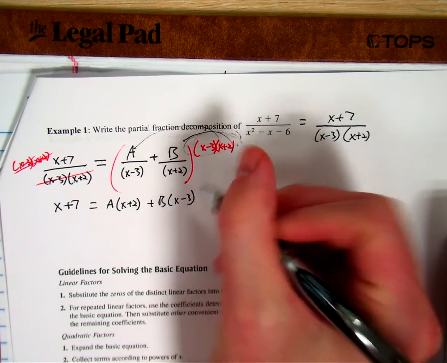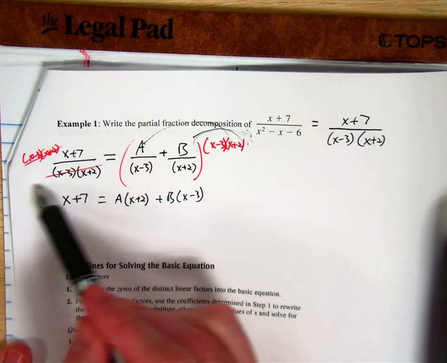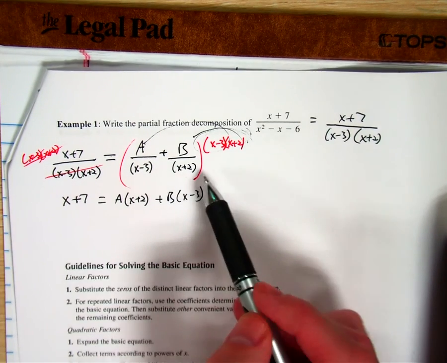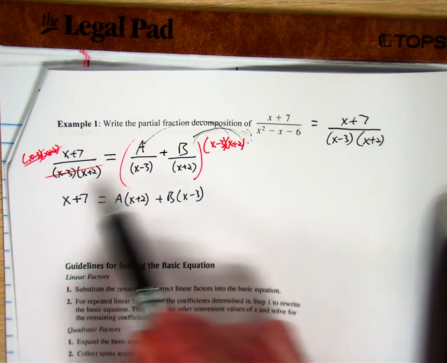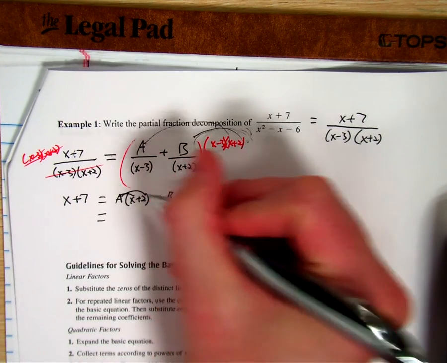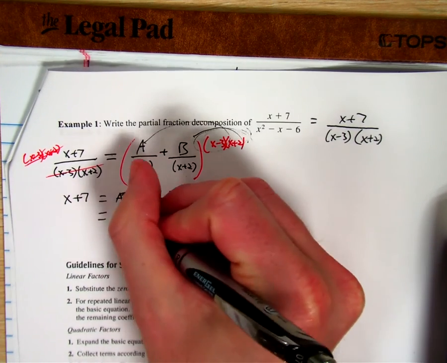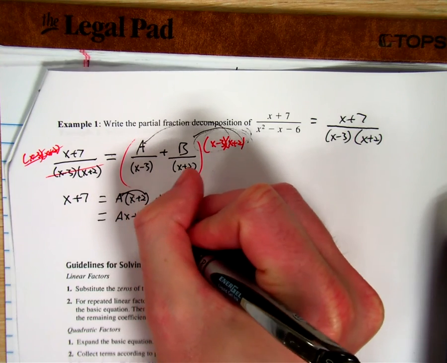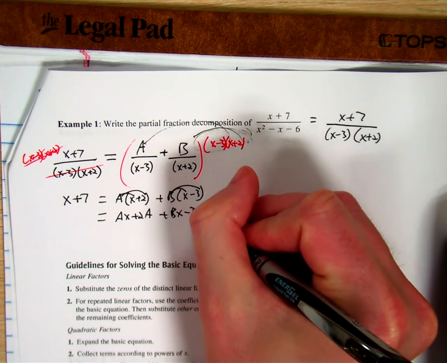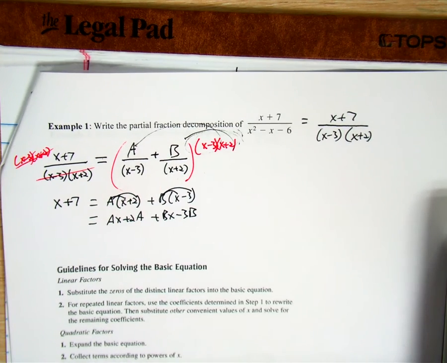Okay, and the purpose of that whole step was to clear out the denominators on both sides. We've cleared out the denominators on both sides, making this a lot easier to work with and solve. Okay, we're going to distribute over here. So now we're going to have ax plus 2a plus bx minus 3b.